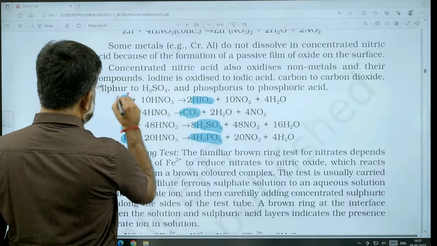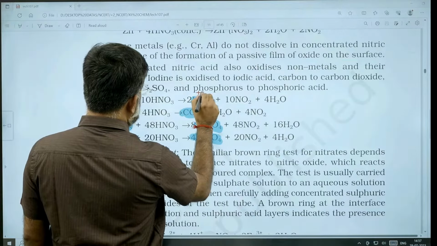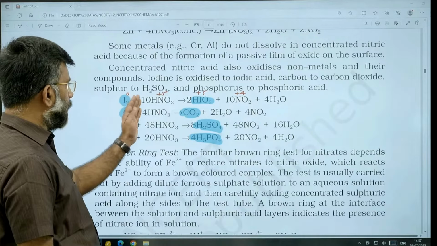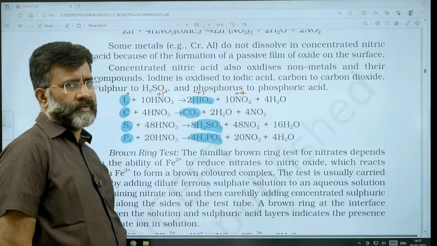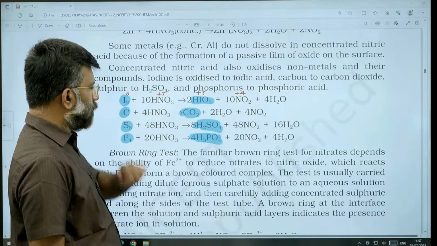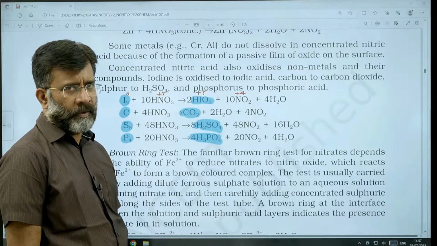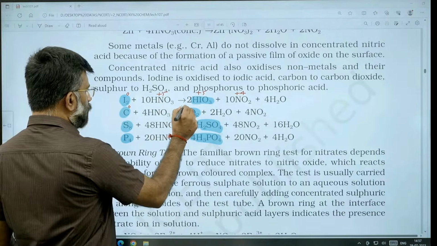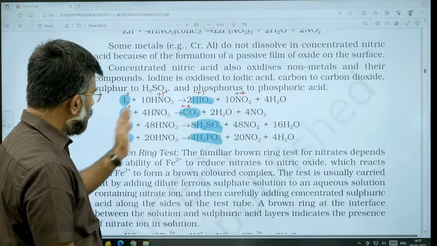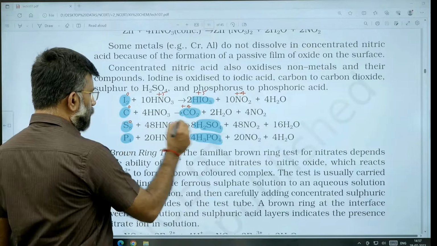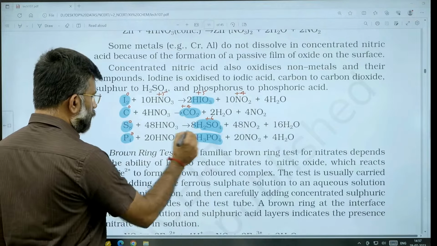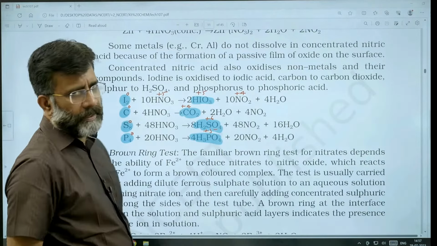See, iodine 0 oxidized to +5, nitric acid +5 reduced to NO2 +4. So nitric acid itself is reduced to +4 state, iodine oxidized to iodic acid 0 to +5, carbon oxidized to carbon dioxide 0 to +4, sulfur oxidized to sulfuric acid 0 to +6, and phosphorus oxidized to phosphoric acid 0 to +5, like that.